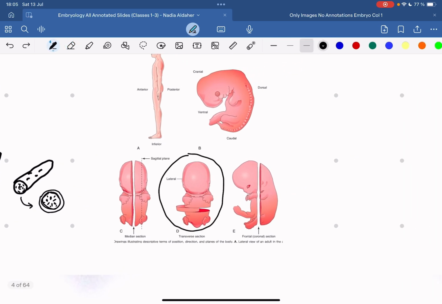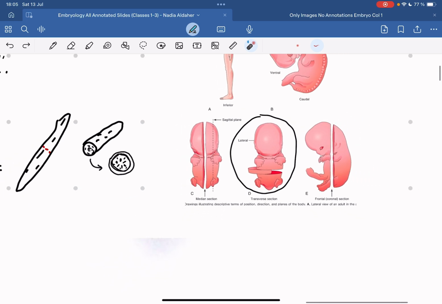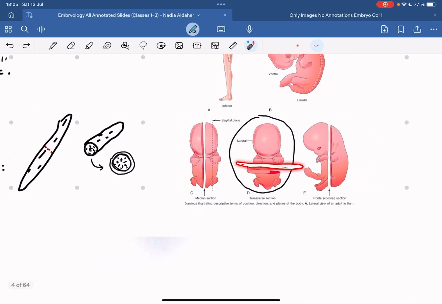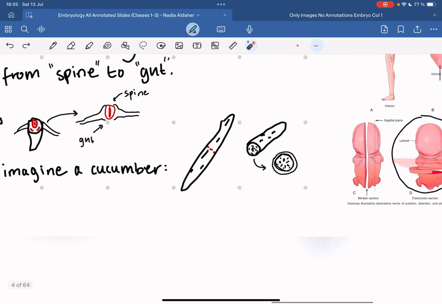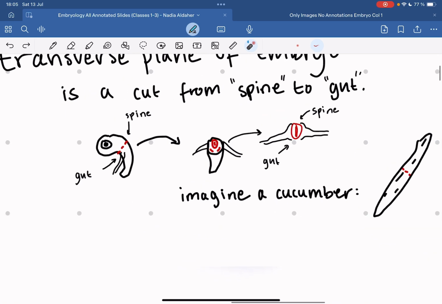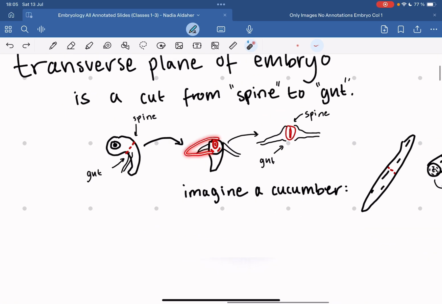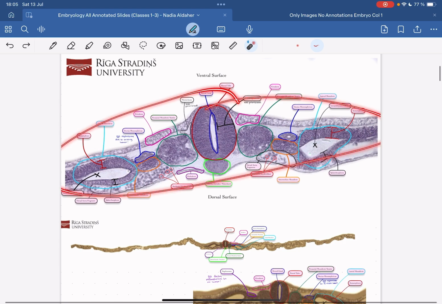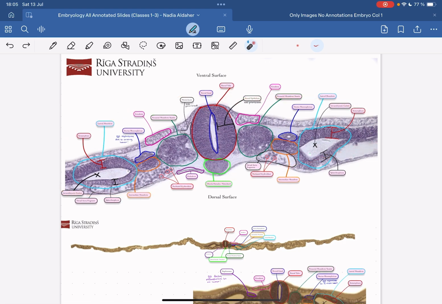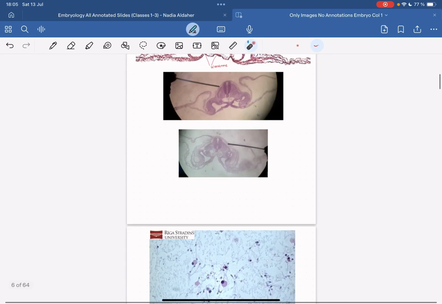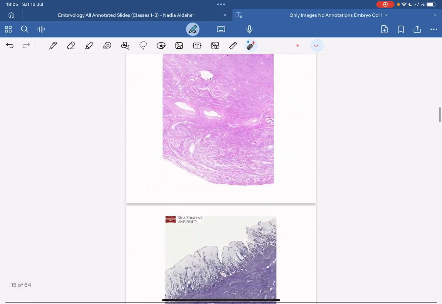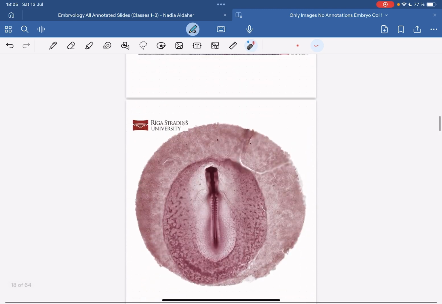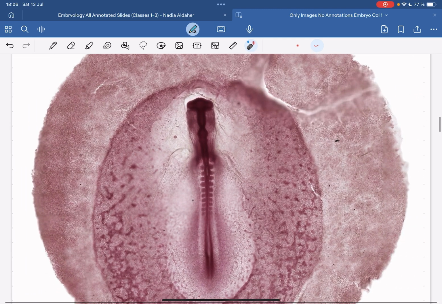Even though that's a morbid image to put in your head, just stick with me here. So we were cutting an embryo like a cucumber, and therefore we could see the cross section of the embryo. Well, on this type of slide, we're looking at an embryo from a bird's eye view, so from above.